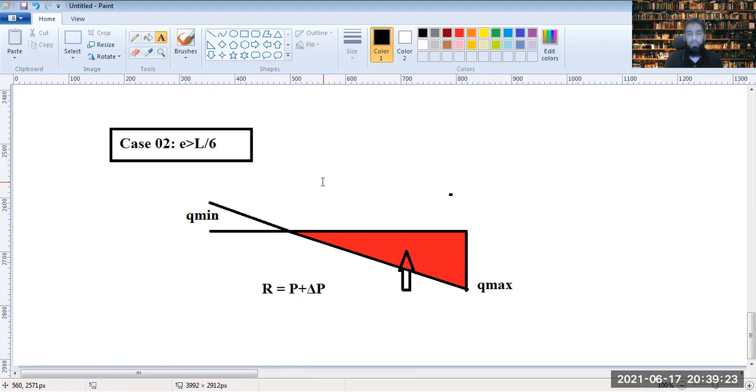So there is almost zero contact between footing and soil on that side. The resultant distribution of all the compressive loads is on the right side, which is the red portion here. And within that, you have R equal to P plus delta P.